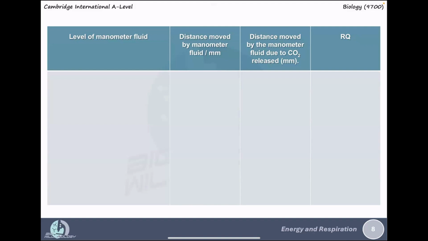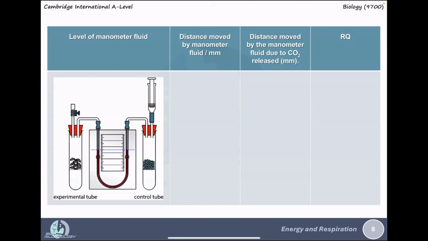So the first possible outcome. In this outcome, after T units of time, we can see that there is no change in the position of the manometer fluid. It still remains at this level, the origin level.